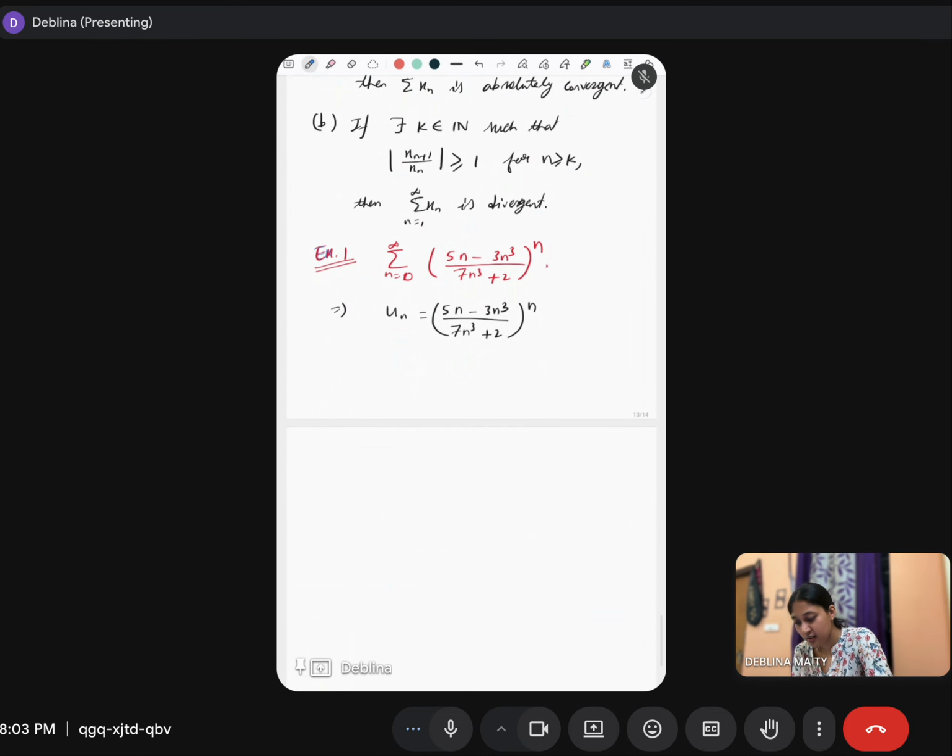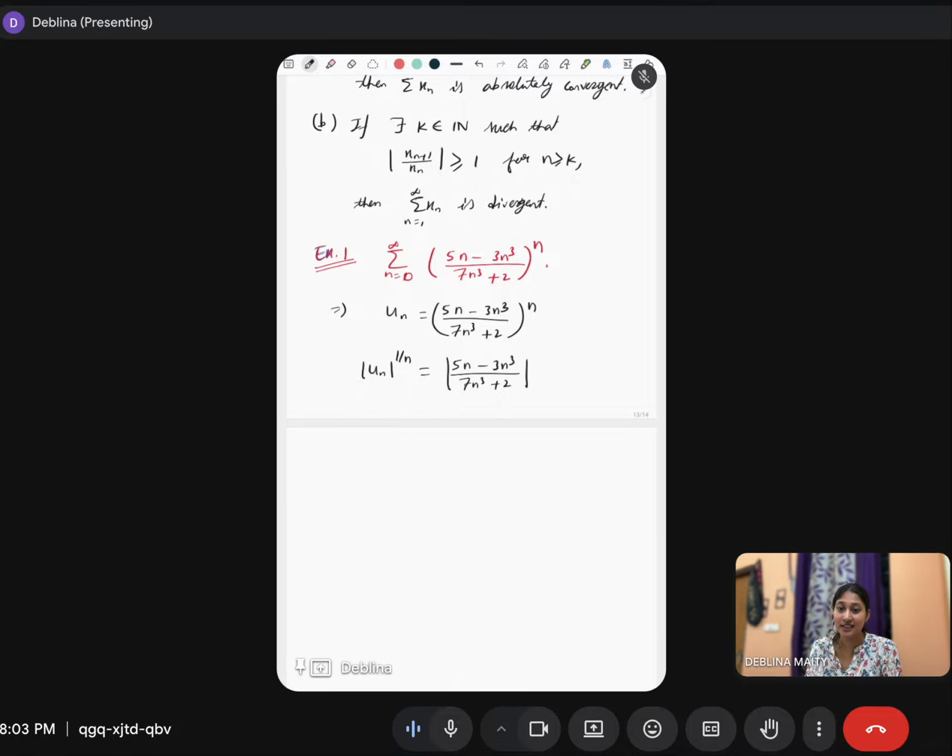So here, mod un to the power 1 by n is 5n minus 3n cube by this number, modulus of this number.